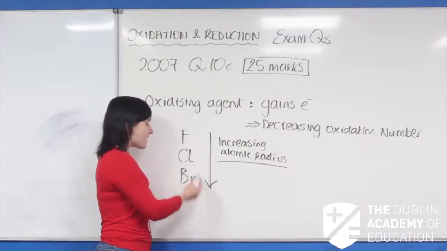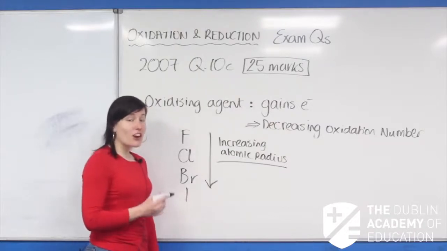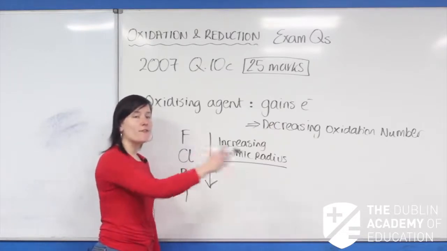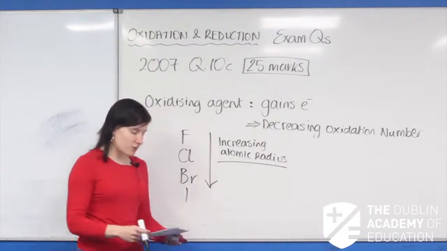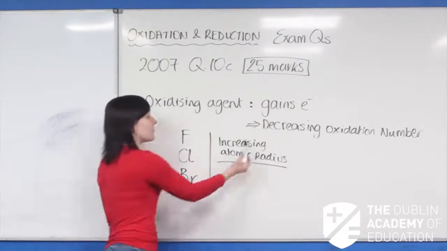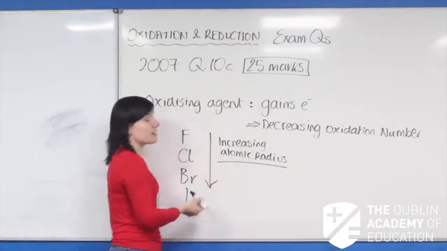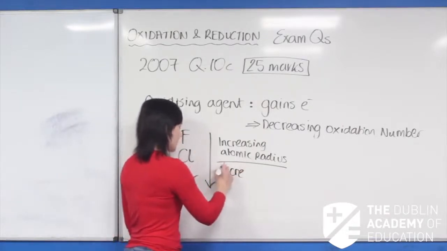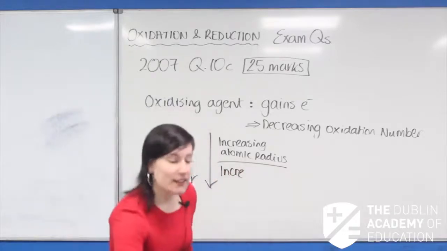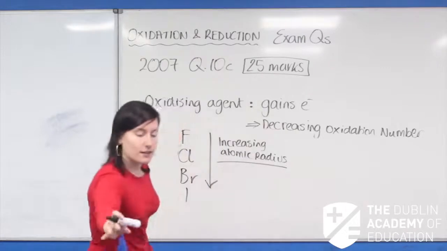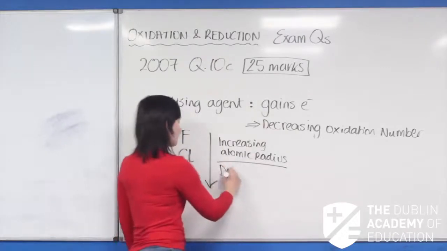So big atoms down at the bottom of the halogens are less able to do that just because the nucleus is physically further away, and we have lots of extra shielding as we move down as well. So we have this increasing atomic radius, and of course, as we mentioned, we have a decreasing electronegativity as we move down as well.